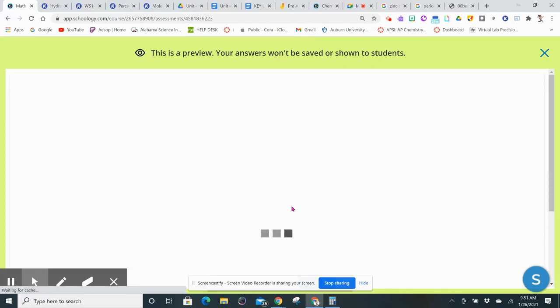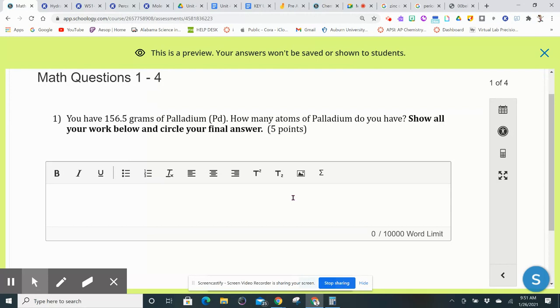Because you will have questions like this on there. All right, so you have 156.5 grams of palladium. How many atoms do you have? Show all your work. I'm just going to type it in like you would type yours in. So what are we given?